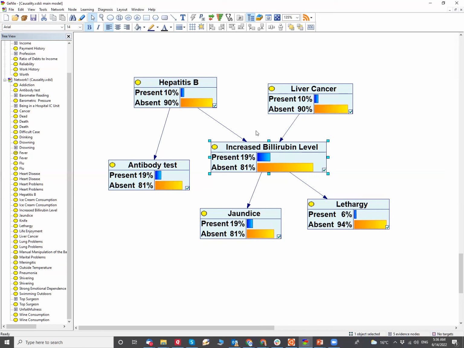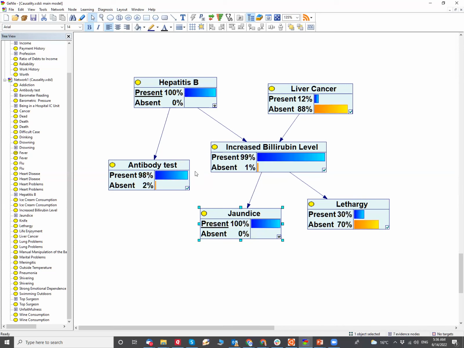So you can read from the graph, here's a missing arrow, antibody test and jaundice. There are several ways of making them independent. Hepatitis B will break that common cause. So now antibody tests will change things, jaundice will change things, but they will not be dependent anymore. You can read it from the graph, from the missing arrows and the connections.